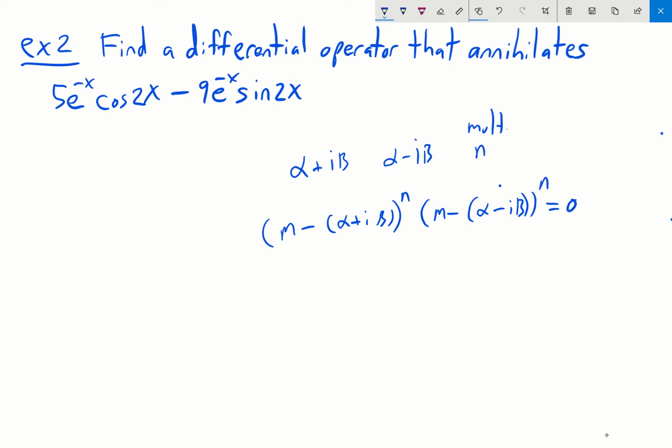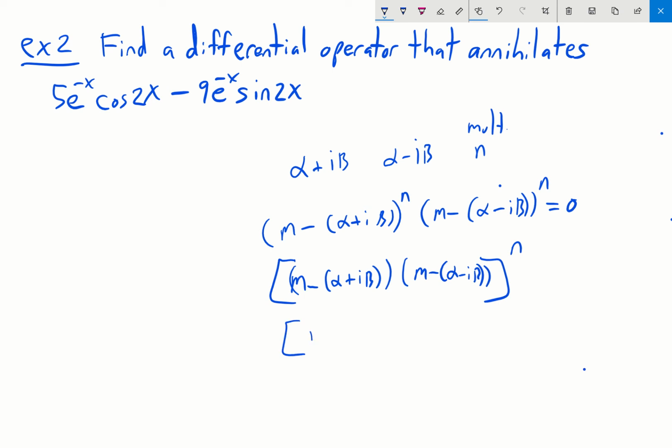We could pull out the power of n. We would have m minus alpha plus i beta times m minus alpha minus i beta. Take the product on the inside, which would probably be easiest if we do it like this.